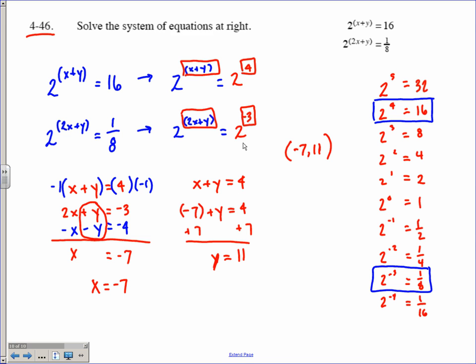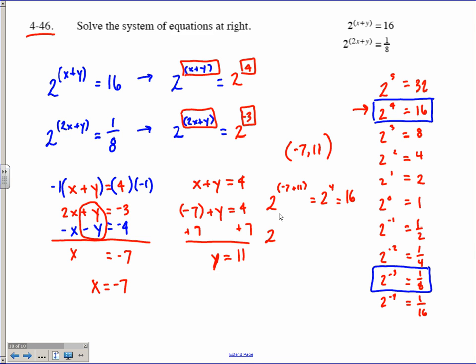To check it, you can plug it in over here. We have 2 to the -7 plus 11, which is going to be 2 to the 4th, and we already know that 2 to the 4th equals 16. We did that at the start.